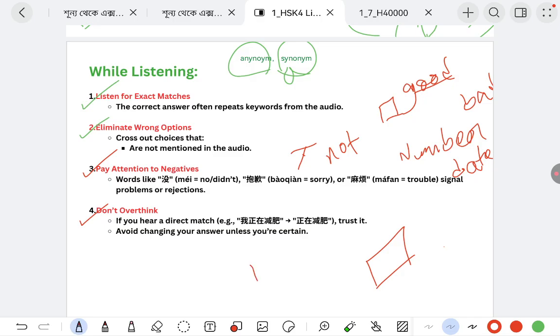After completing the listening part, within for example 4 or 5 seconds, you have to select the correct answer. If you are confused and don't know which one is correct, you can select any one you feel is maybe correct. Don't spend so much time on one question, otherwise you cannot answer the next question correctly.